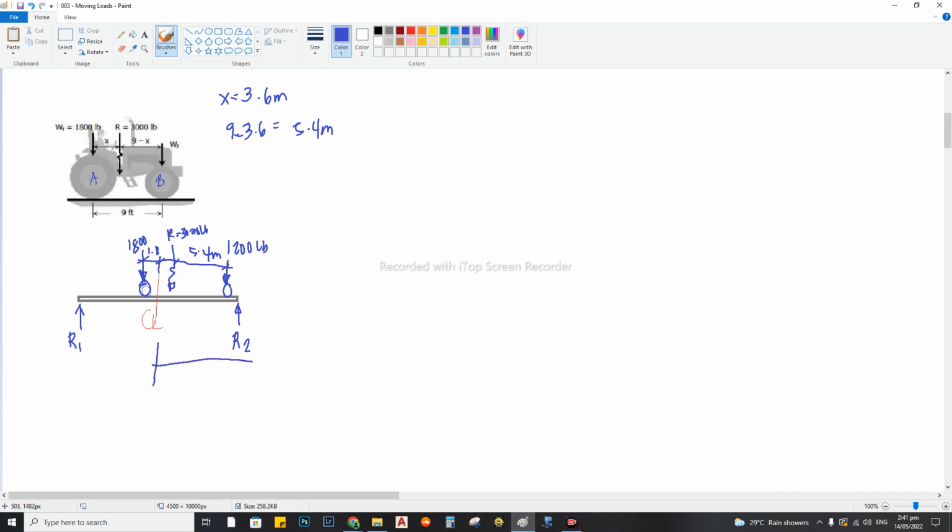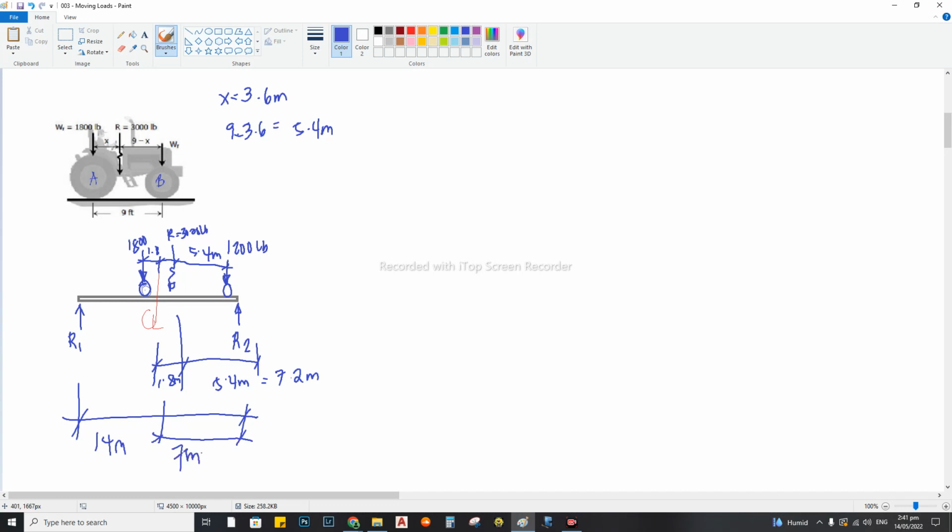If you notice, naa tay 1.8 from the center line, 1.8 meters. And then si load B is 5.4 meters. 1.8 plus 5.4 meters is 7.2 meters. And we know that this beam is 14 meters. So of course, ang half sa 14, that will be 7 meters.